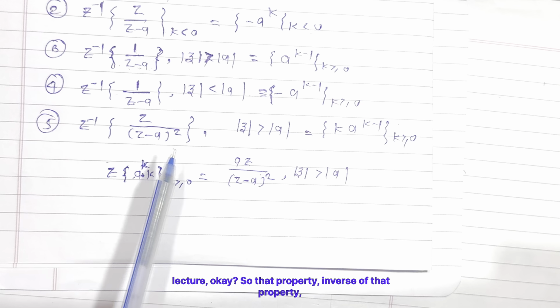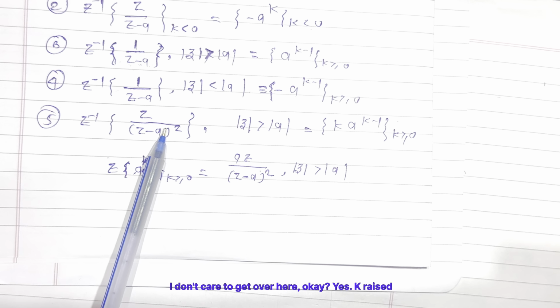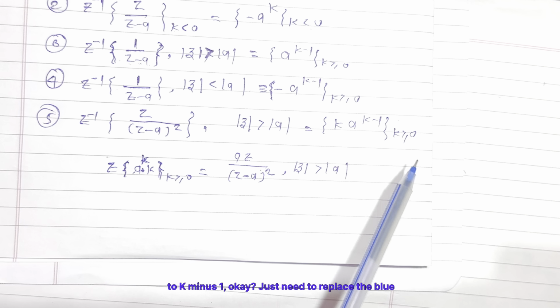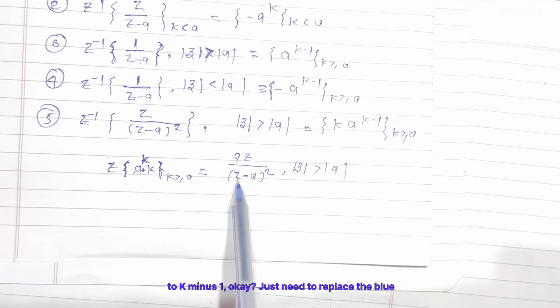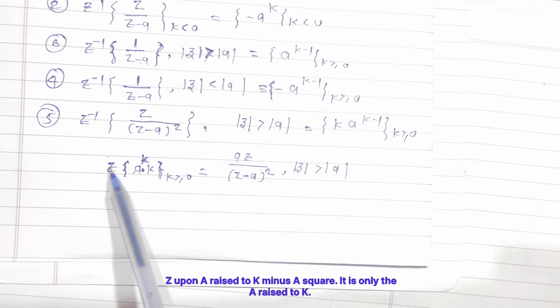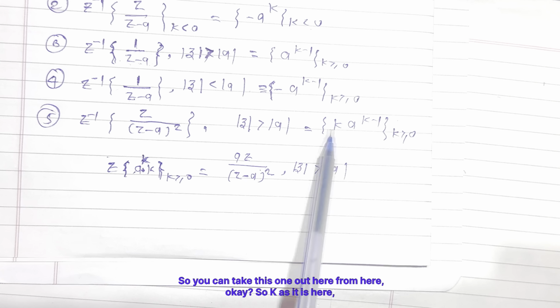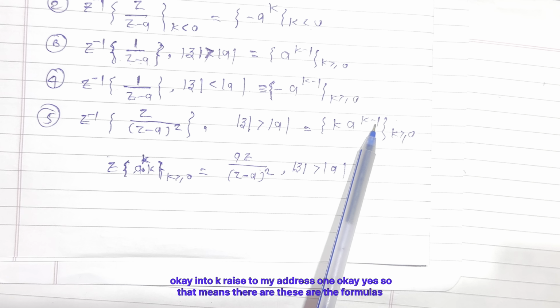So the inverse of that property, I took it over here. Yes, k a raised to k minus 1. You just need to replace the value: Z upon a, Z minus a squared. It is only the a extra here, so you can take this a out from here. So k as it is, a raised to k, and since there is an extra a here, that's why I took a out from here, giving k into a raised to k minus 1.